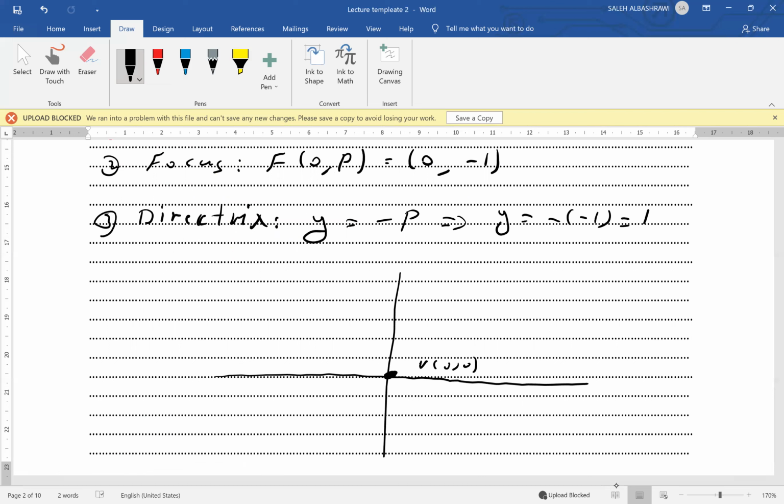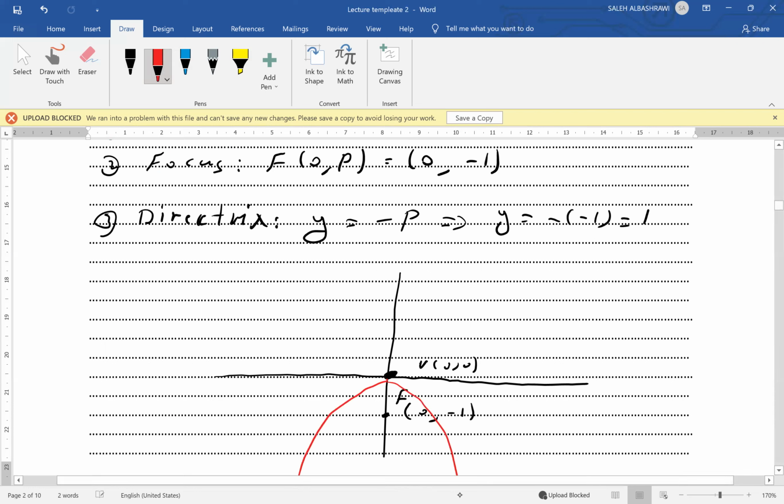Focus point is 0 and minus 1. All the time, the focus will be inside the parabola, so this should be going like this. The directrix will be on the other side, this line y equal to 1. And the axis of symmetry is the y-axis.